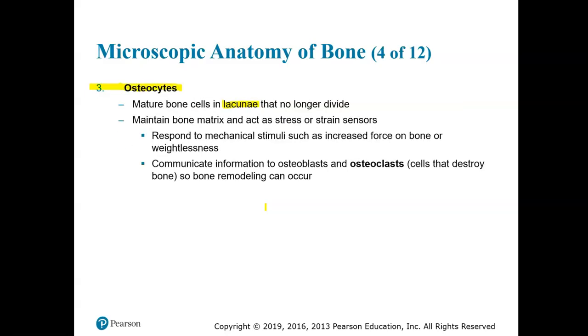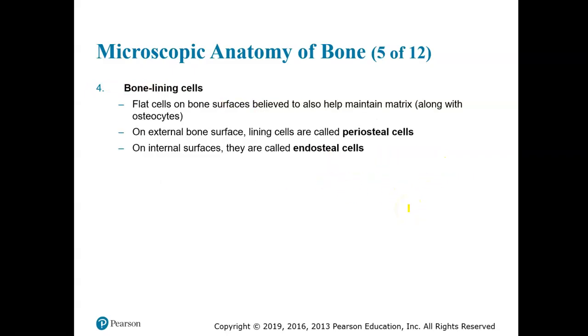And then osteoclasts are cells that break down bone. So between the activity of osteoblasts and osteoclasts, osteoblasts are constantly building bone tissue, making new bone tissue, and osteoclasts are constantly breaking it down.